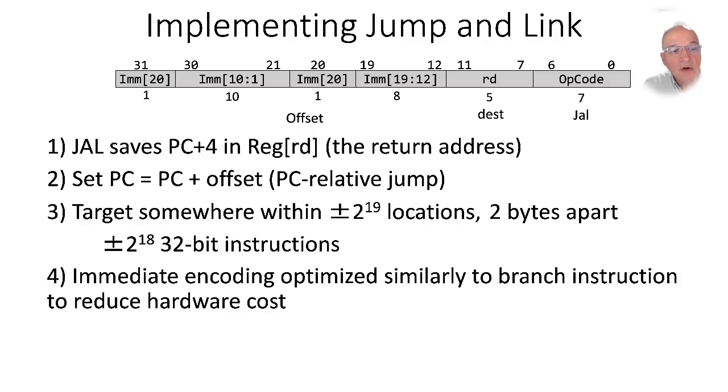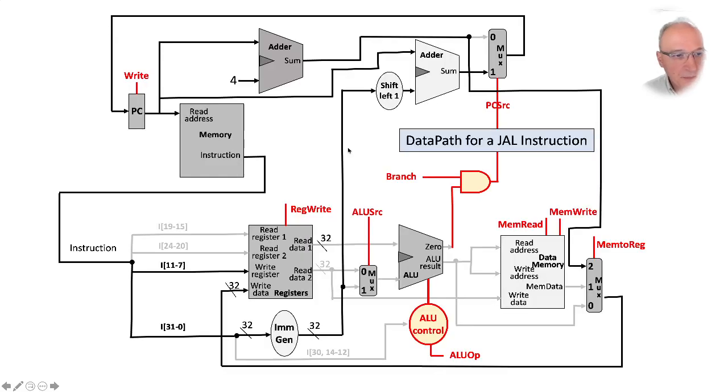The immediate encoding is optimized similarly to the branch instructions to reduce the hardware cost. So what looks like a fairly crazy encoding here for the immediate, with those bits shuffled in this way, was done very carefully to make the hardware easier to design.